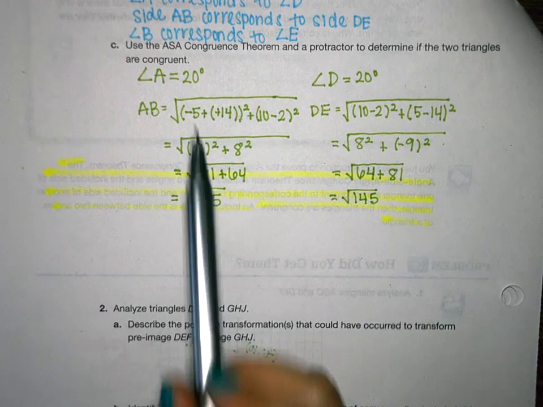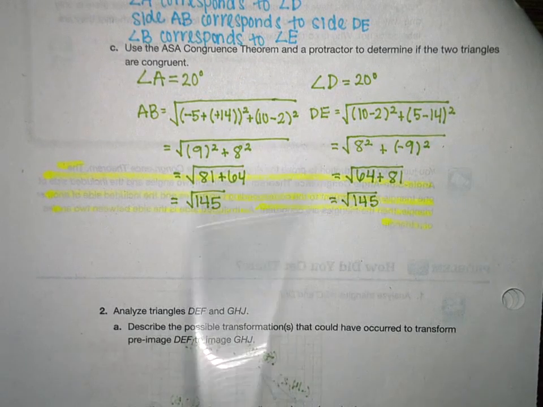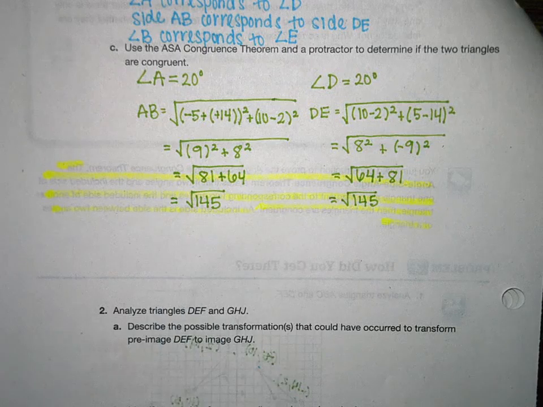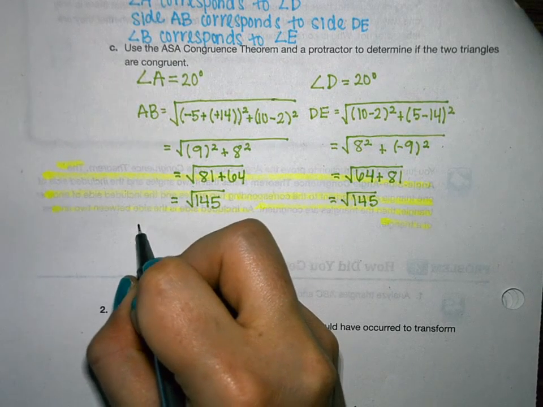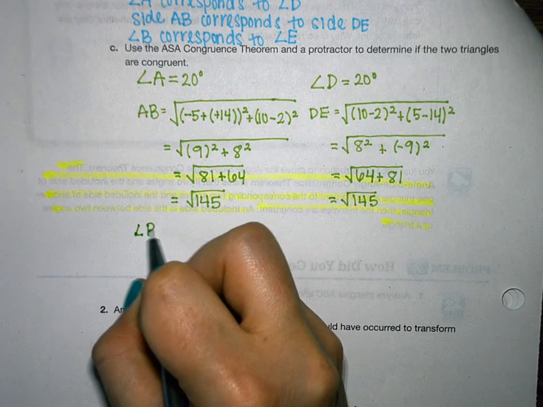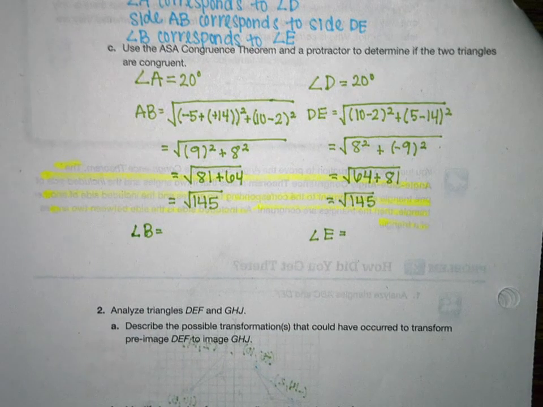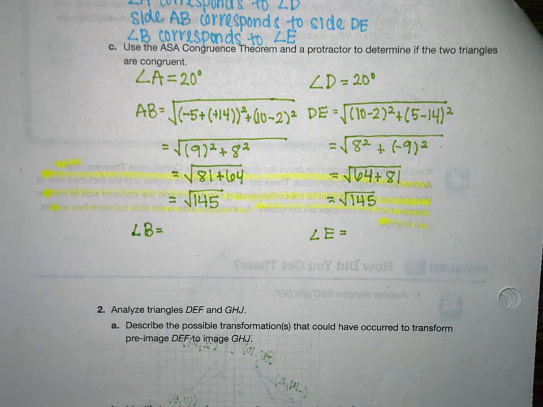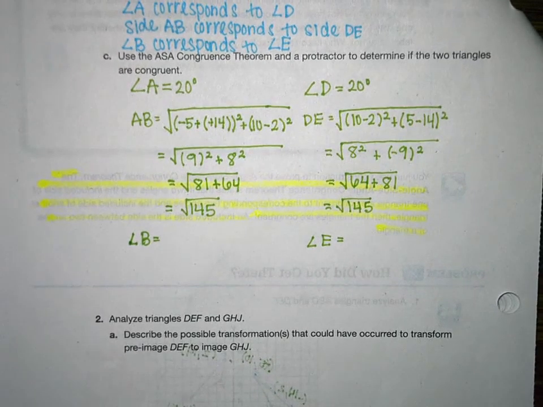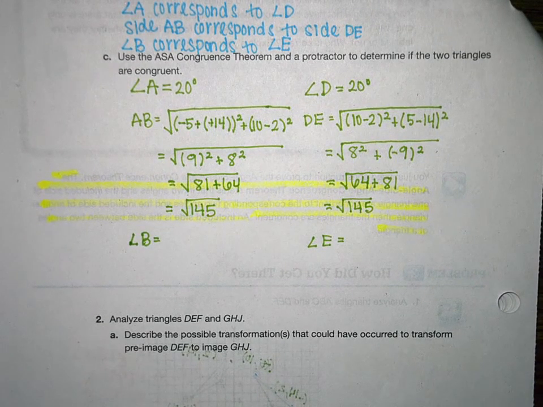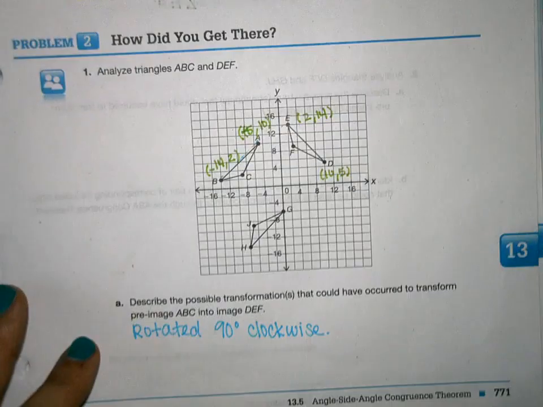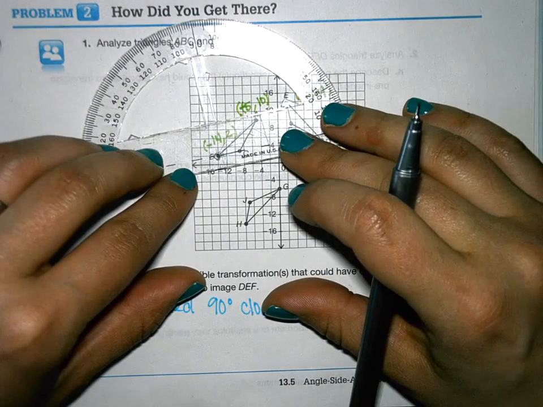So far I have my corresponding angle, my corresponding included side, and then I need to find angle B and angle E. So use your protractors to find those. Angle B, it looks like, is also pretty narrow.